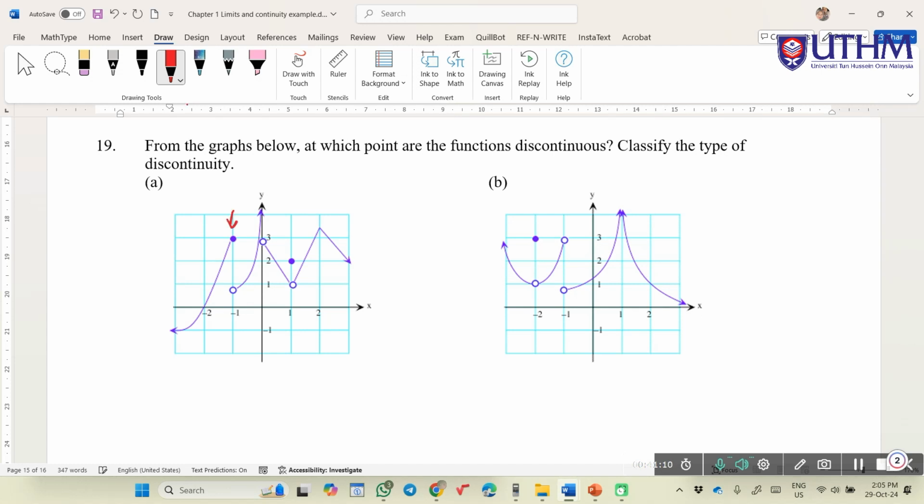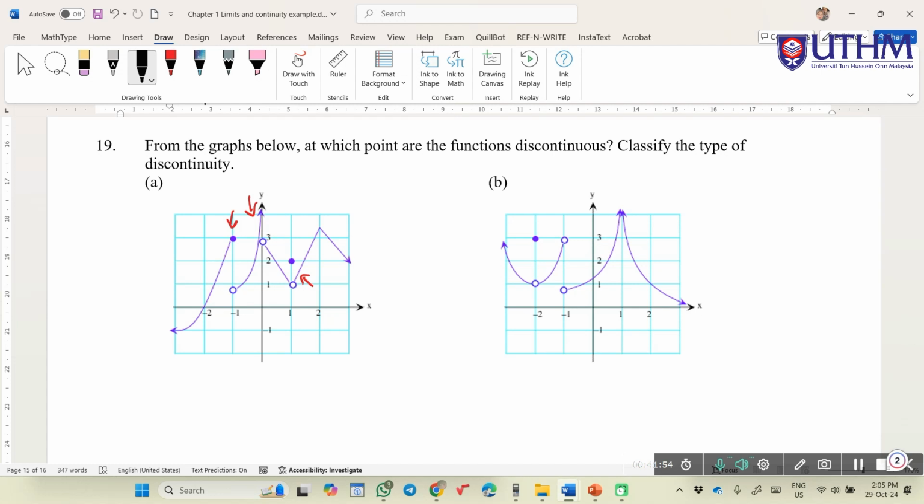The second one is x equals 0, because of the infinite behavior. Then we check x equals 1 also. For the other points, it is okay. So we can write the answer.